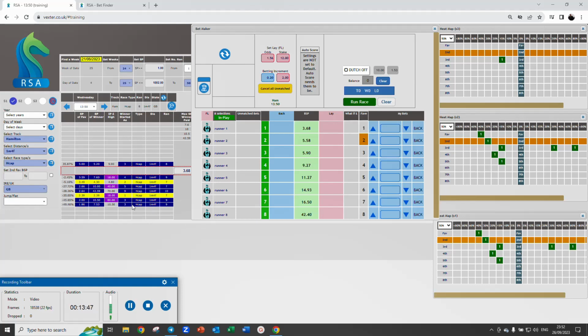So if we look at 5th over here in S2, and 5th favourite, it was paying 10, and today it's paying 11.27. So 11.27 is in this column, and here it is paying 15% less when it won. 4th was paying 20% less when it won.